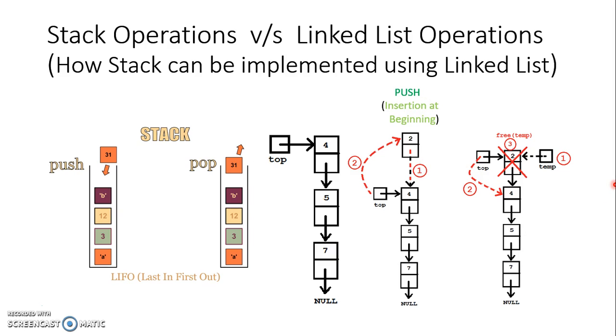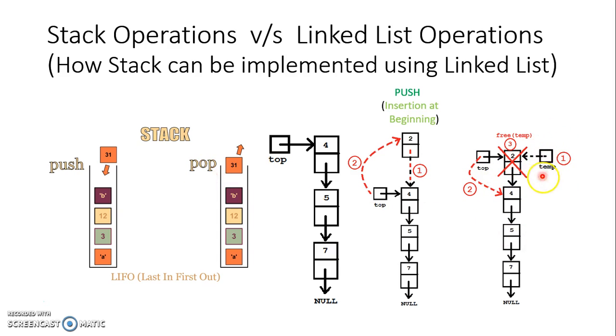In the same way, let us take this example where I have a particular linked list. Now I have inserted 2, and 2 has become the first element of the list or first element of the stack, and now top is pointing to the first element of the stack. I want to delete the first element of the stack. That means I want to pop something out of the stack.